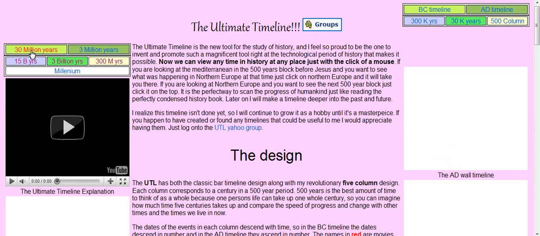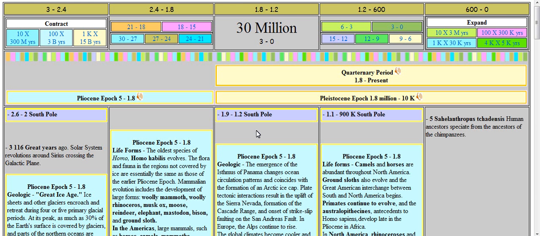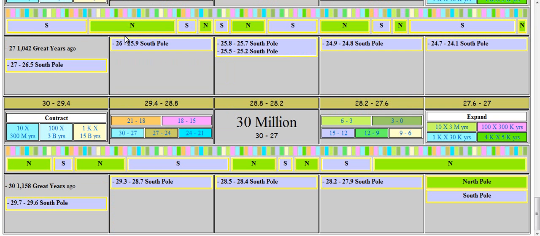And then it's 30 million, where the entire page is 30 million years down, and 3 million across here. So 0 to 600,000, 600,000 to 1.2 million, and onward up until you get back to 3 million. And those are the pole shifts.